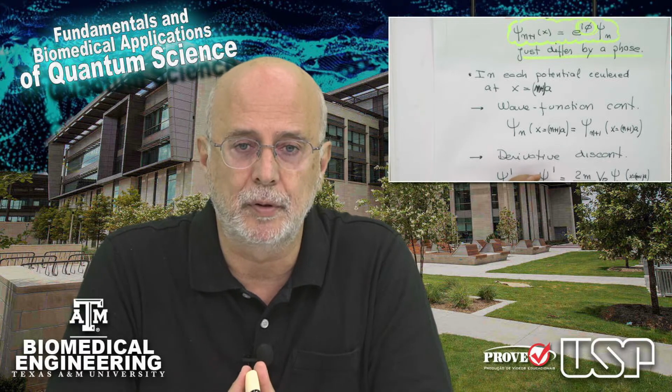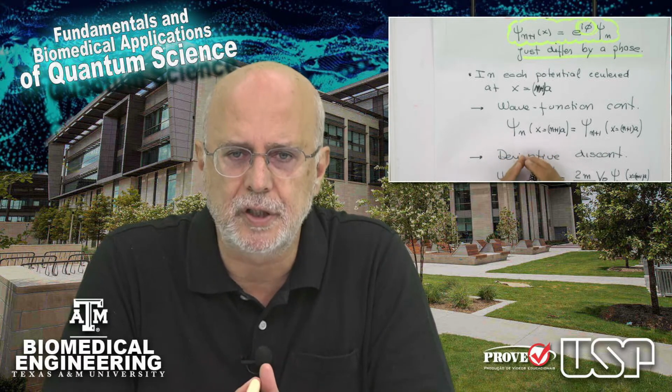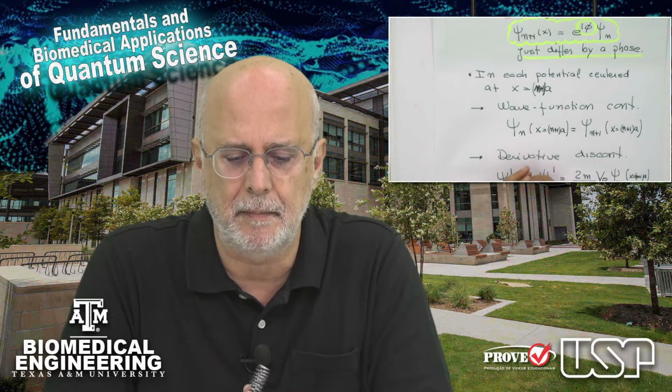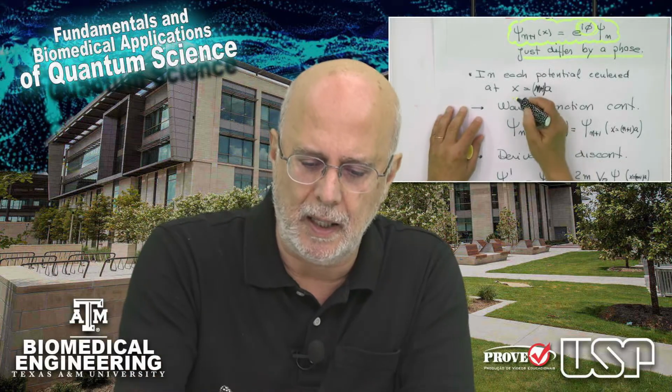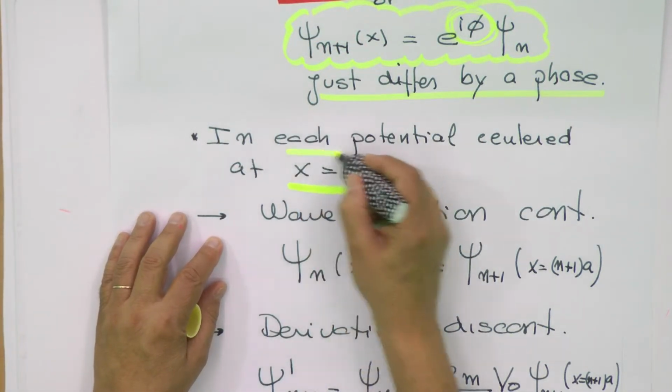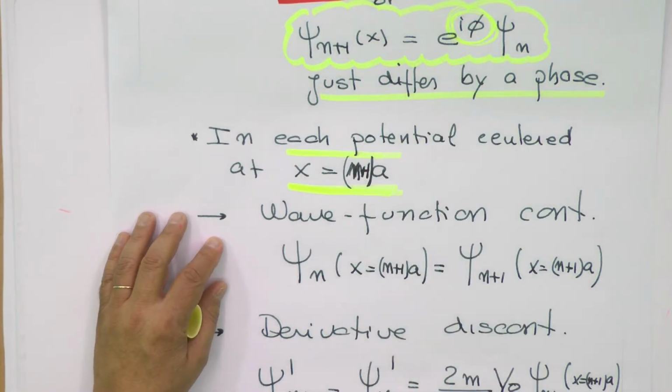And we must be able to match the conditions of those wave functions at the boundary that's represented by x equal to n plus 1 a, or any a. We chose one. They are all equivalent, as we said before.